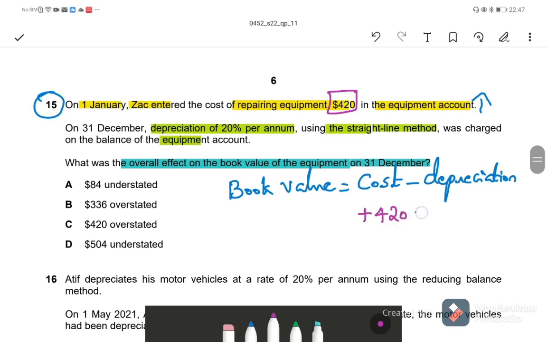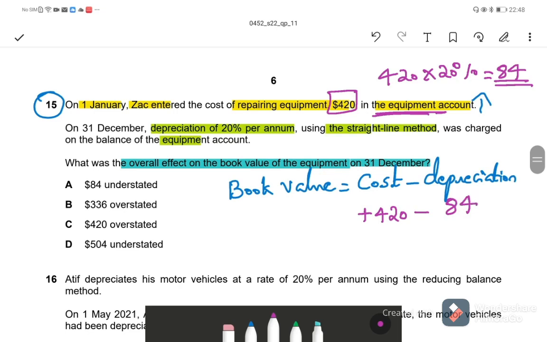While depreciation, if the asset account 420 overstated, when the business calculate the depreciation, that also overstated 20%. So 420 multiply 20%. What is the depreciation? The depreciation of 84 of this overstated as equipment account, that is deducted 84.